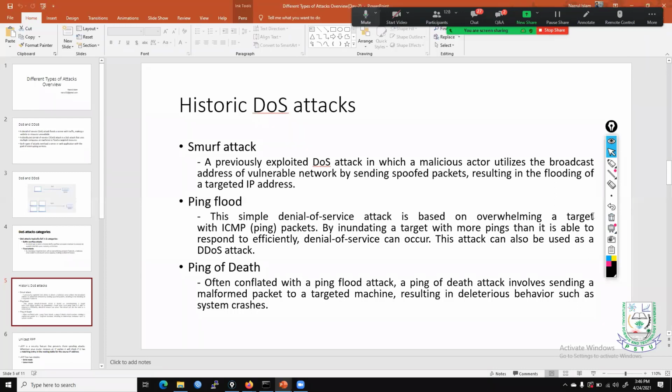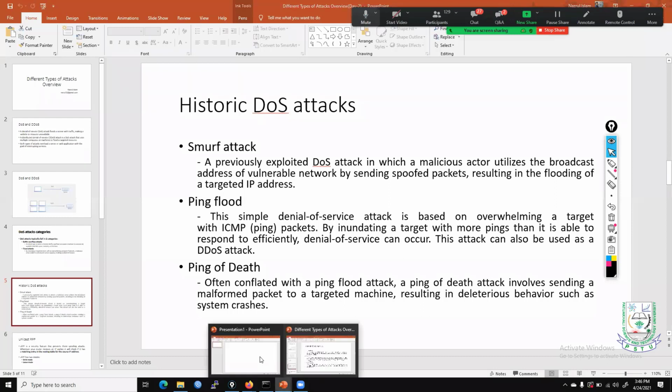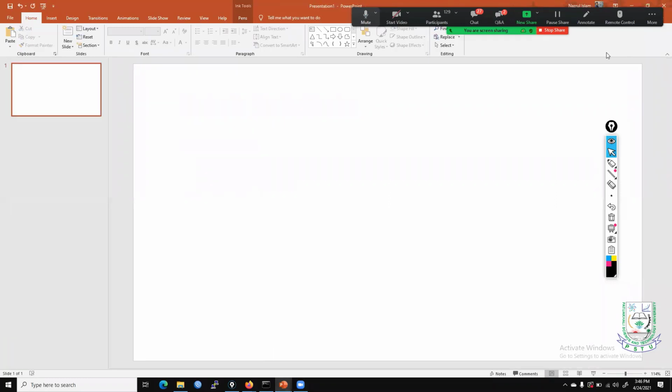So what actually happens in a ping of death attack is sending a large packet with an ICMP request. Let's say this is the attacker, and this is the target device.